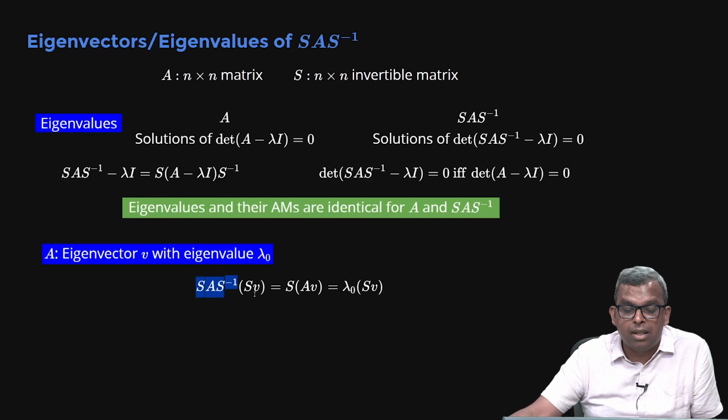So S V is an invariant vector for S A S inverse if V is invariant for A.